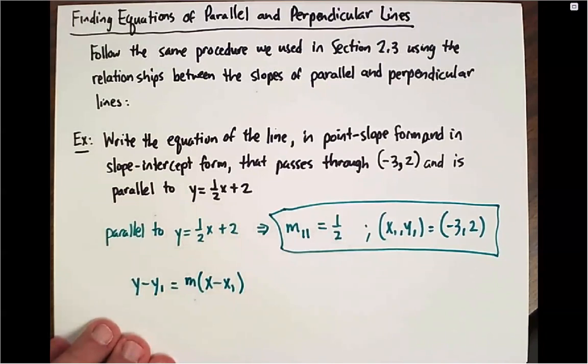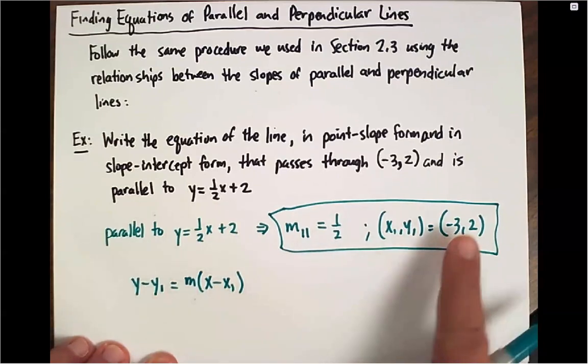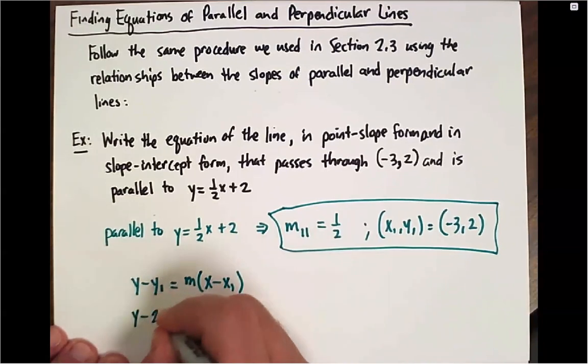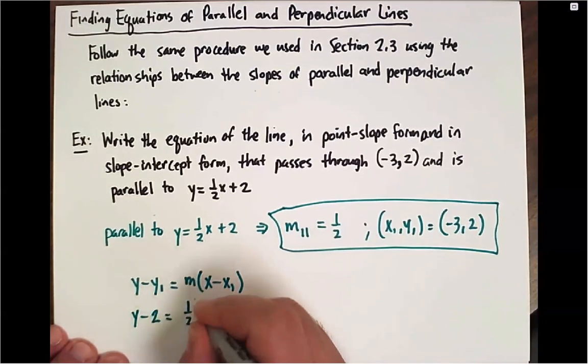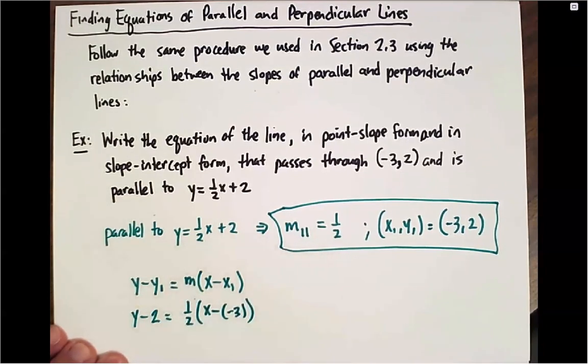So remember point slope form is y minus y sub 1 equals m times x minus x sub 1, where y sub 1 is the y coordinate, x sub 1 is the x coordinate, and m is the slope. So this is y minus 2 equals 1/2 times x minus negative 3.